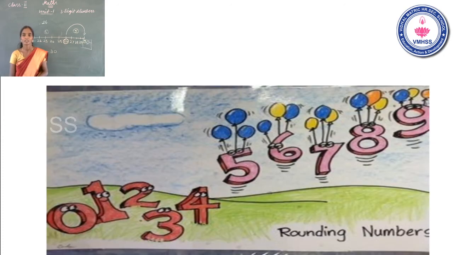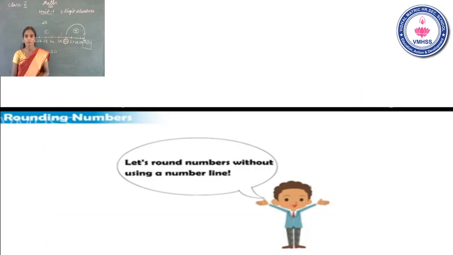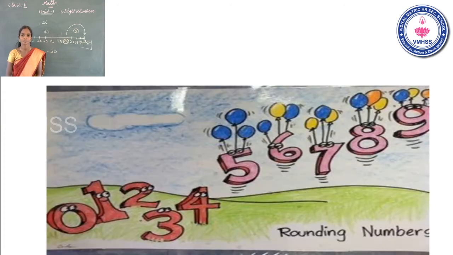Next one, rounding numbers. Let's round numbers without using a number line. Children, listen, look at the next slide. How many numbers are given? The numbers 0 to 9.